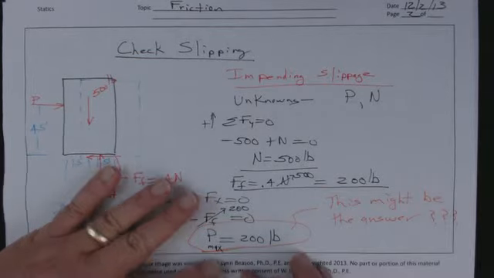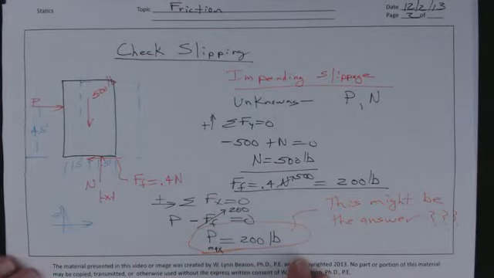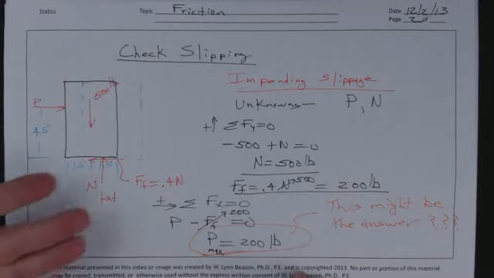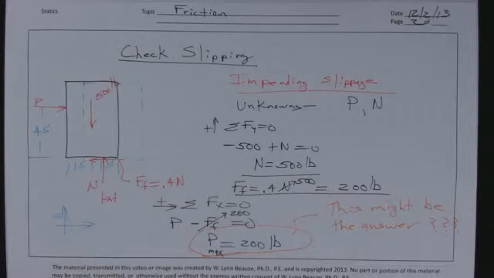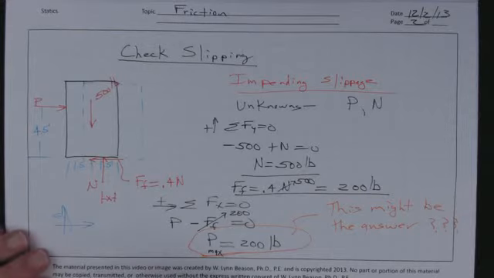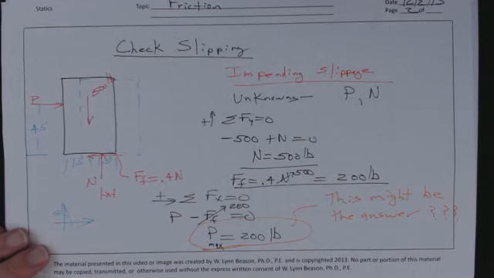And at this point in the problem, we don't know if that's the answer or that's not the answer, because this calculation here does not address tipping. And that's the other mechanism that might happen. So if we were just looking at slipping, 200 pounds would be the answer, but now we have to check tipping.